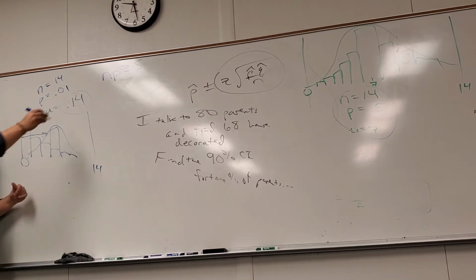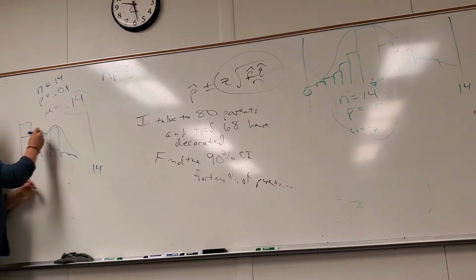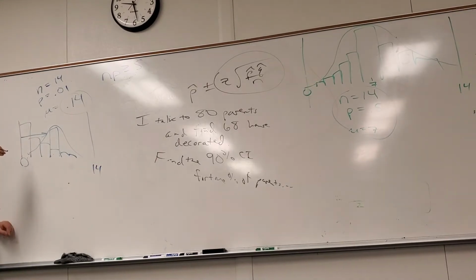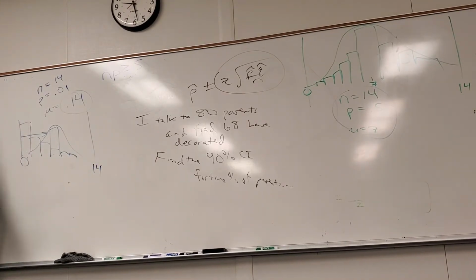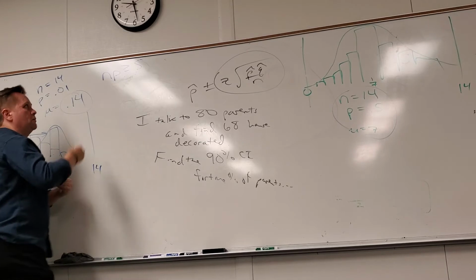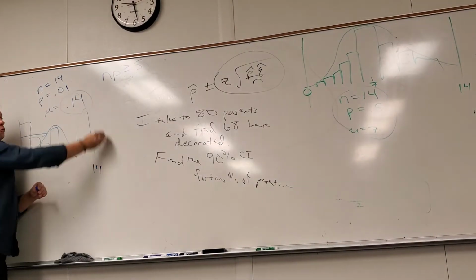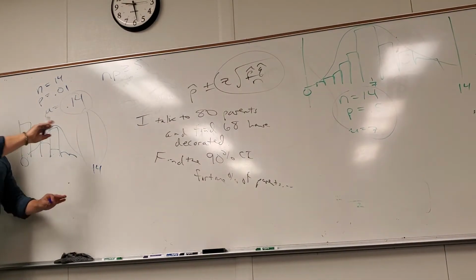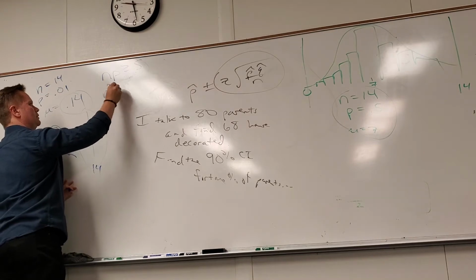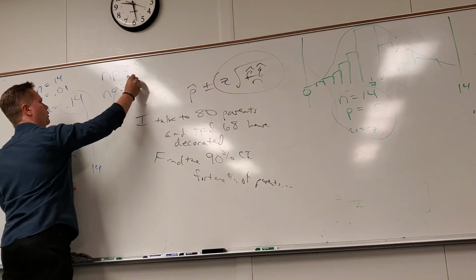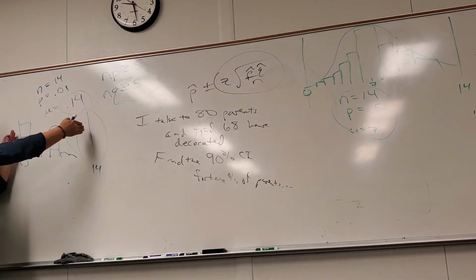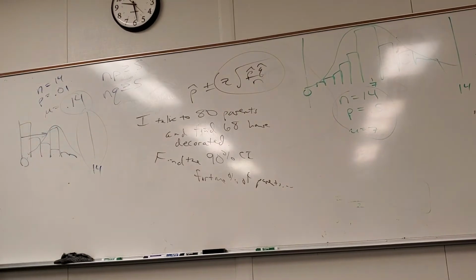No. So this keeps it from being too close to this wall. Now I'm going to put this other one. Isn't there a whole other wall, right? So the nice thing is I can do this, n times q. If that's also at least 5, then it keeps it away from both walls.